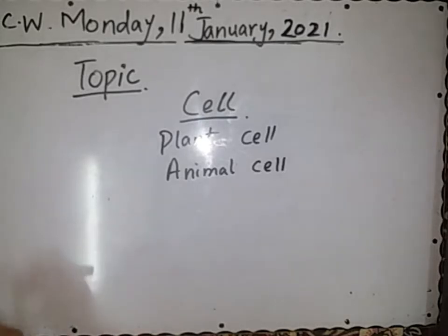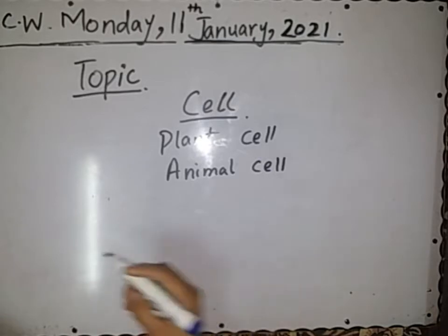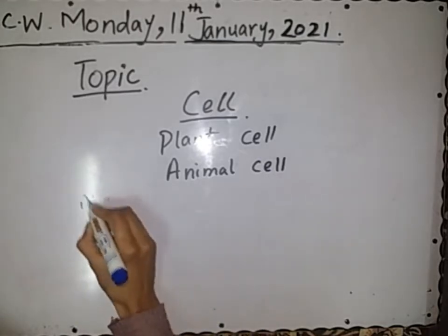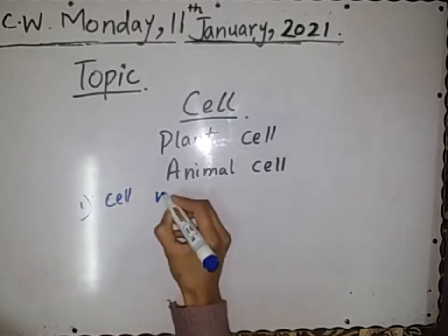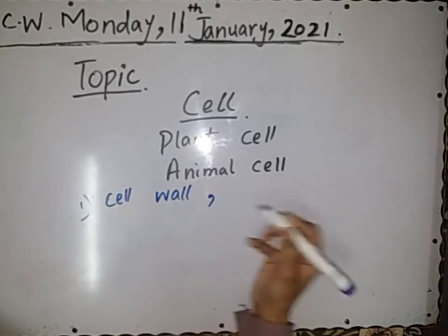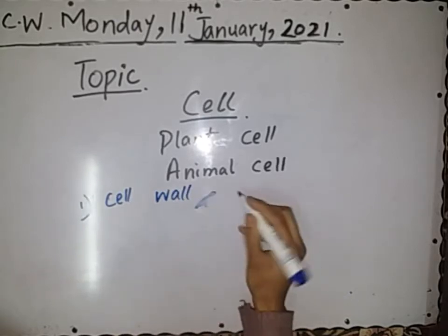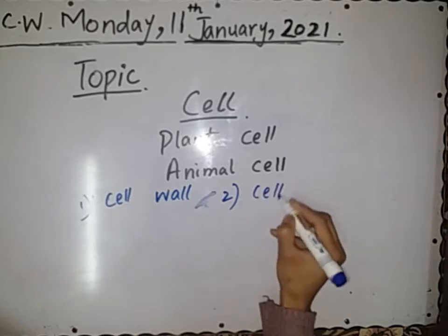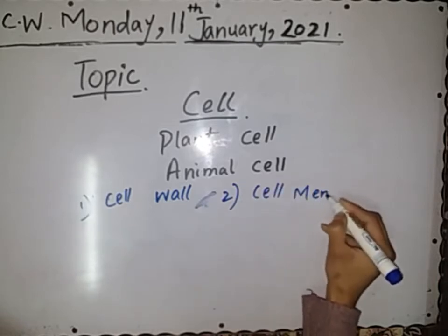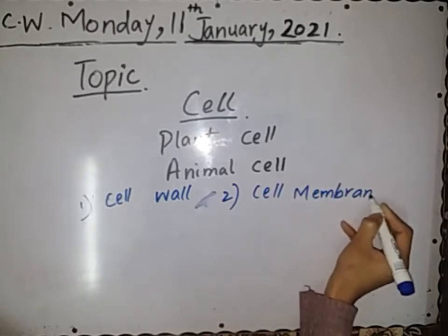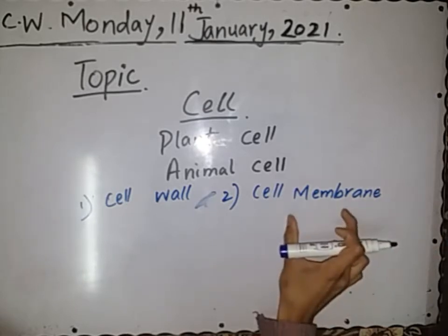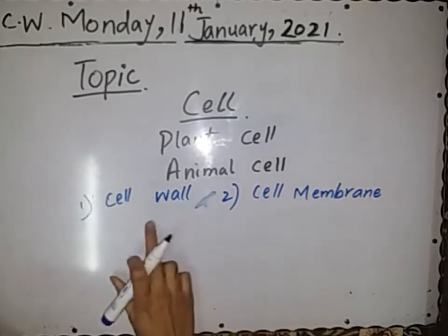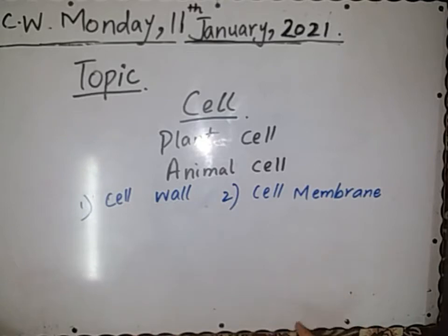Students, first of all, let me recall the important organelles of the cell. First of all, cell wall, which is present in this plant cell. Next, cell membrane, which is present in the animal cell as well as the plant cell. In the plant cell, cell membrane is the second layer, cell wall is the first layer, but in animal cell, cell membrane is the first layer.